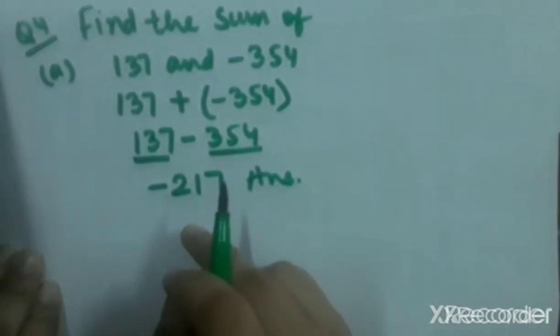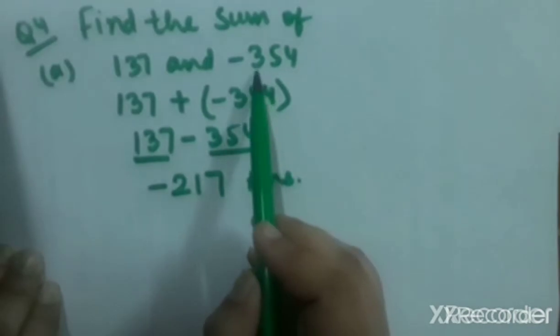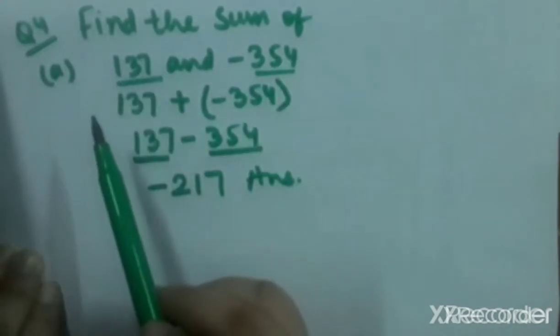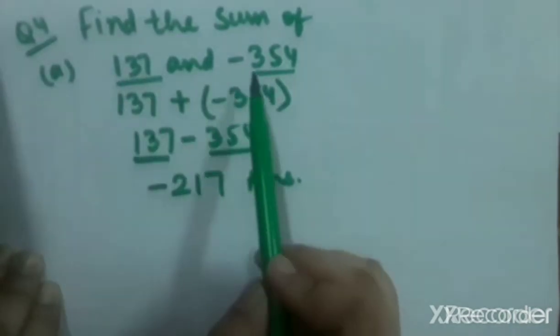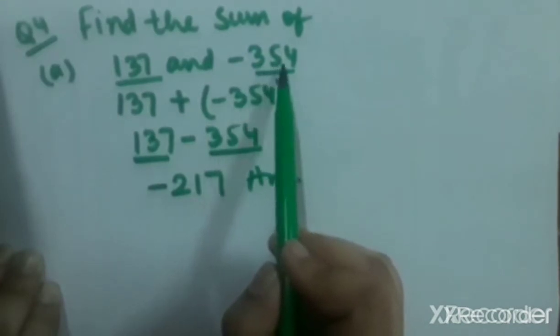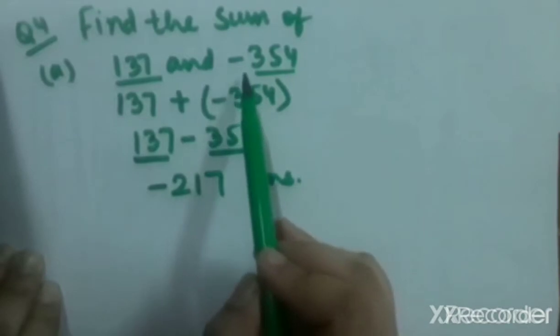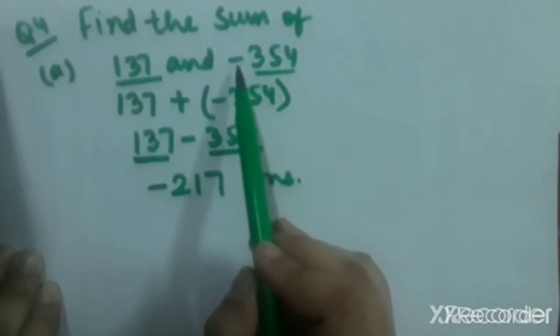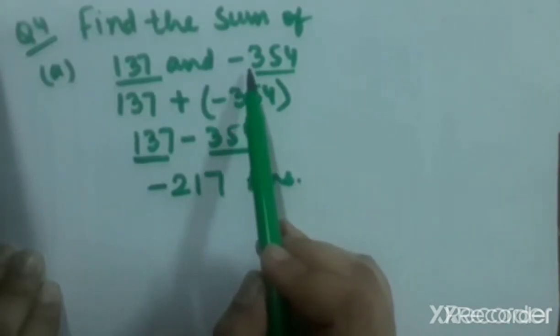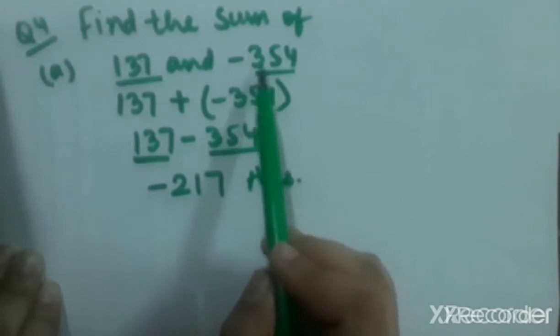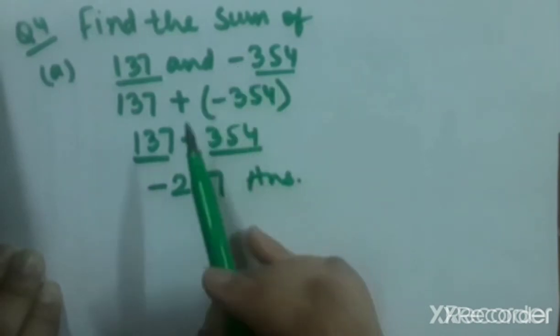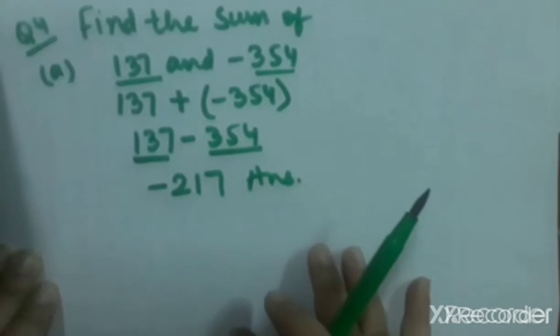The sign of the answer depends upon the number which has a greater value, without looking into the sign. Out of 354 and 137, 354 was greater, and afterwards we have to see which sign is in front of it. So 354 was having a negative sign in front of it, so the answer is also coming out to be negative.